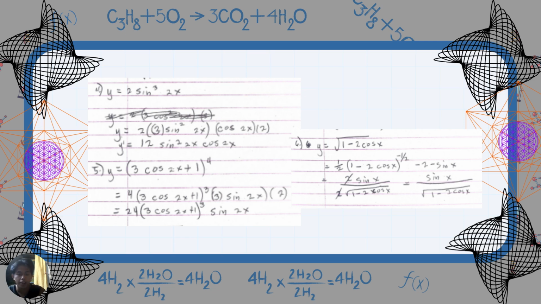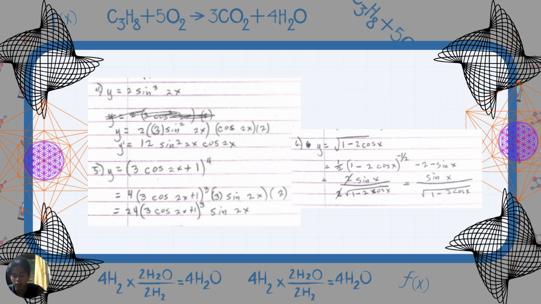And then second to the last is number 6, which is y equals square root of 1 minus 2 cos x. Since it is a square root, let's eliminate the square root.